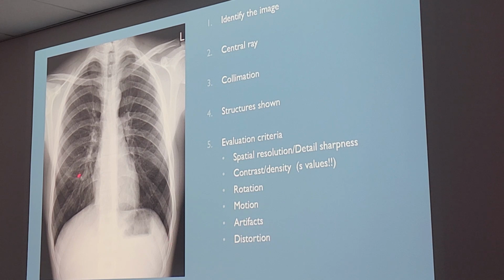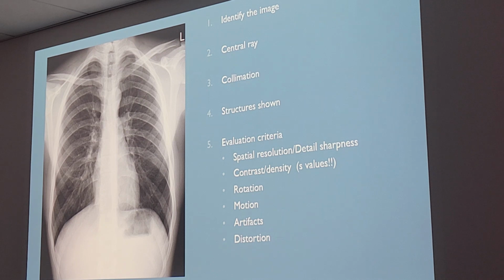You should be able to see the shadow of the ribs through the lungs. You should be able to see the outline of the heart. What else? The angles, apices. You should be able to see some of the spinous processes. You should be able to see the thoracic vertebrae through the shadow of the heart. So that tells me this image has pretty good detail sharpness.